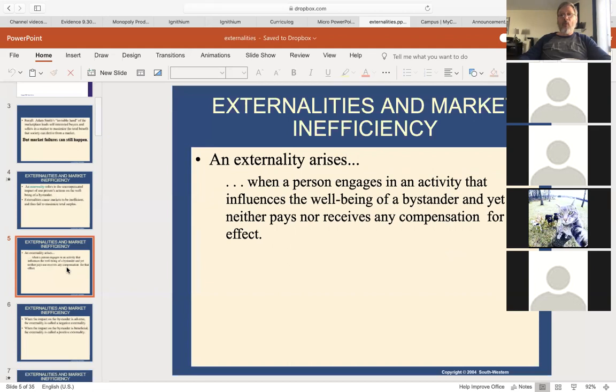So the point is that the market equilibrium just considers buyers and sellers, the seller's costs and the buyer's value. It doesn't consider the costs or the desires of the other people that are affected by the production. And so in that sense, it can be inefficient.